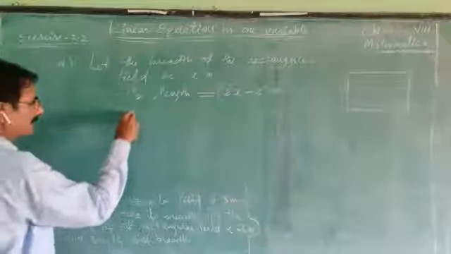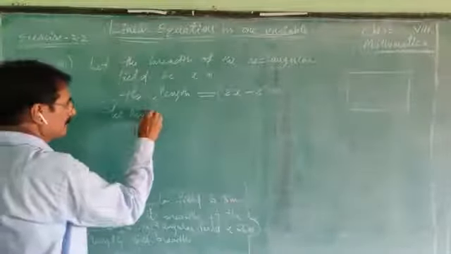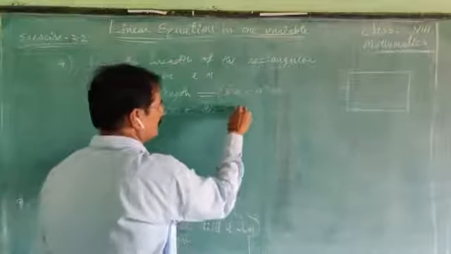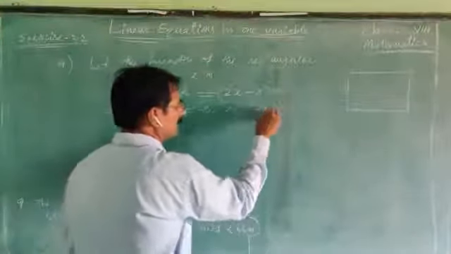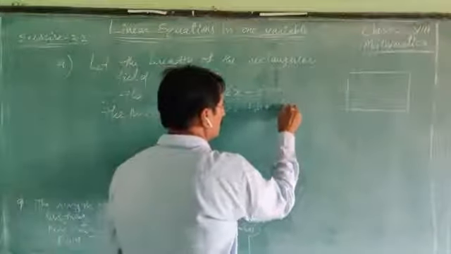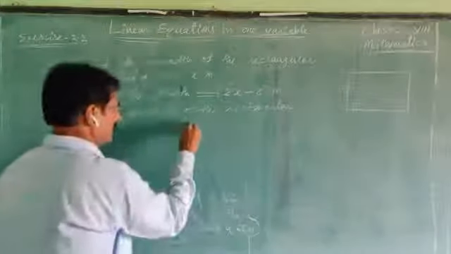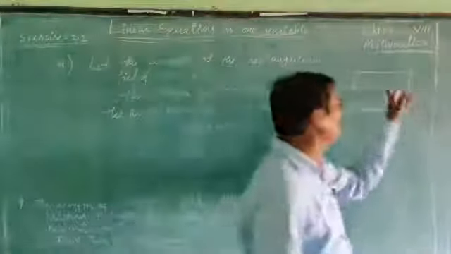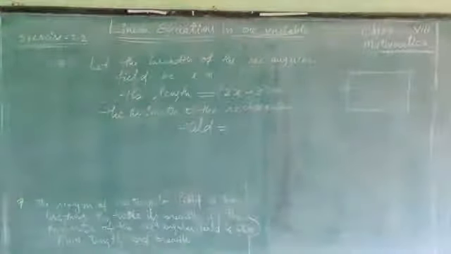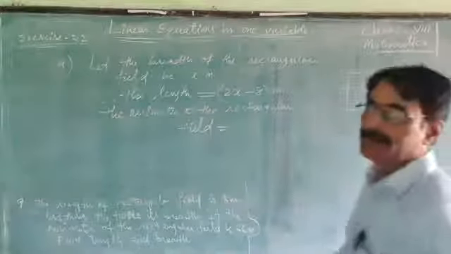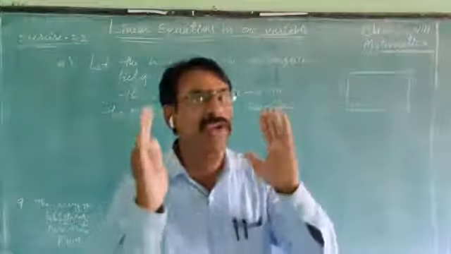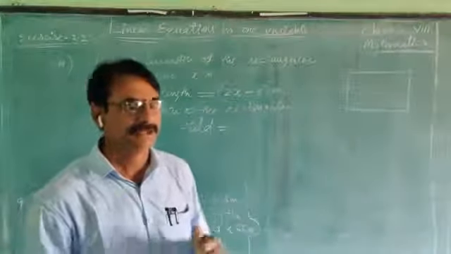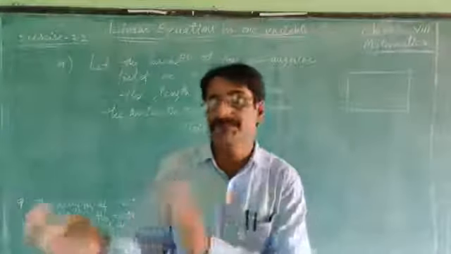Therefore, the perimeter of the rectangular field. We use our formula to find the perimeter of the rectangle: 2 into L plus B. That means 2 into length plus breadth.